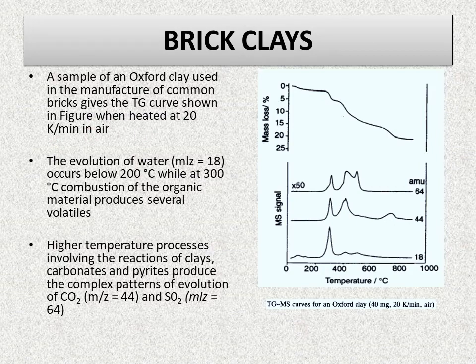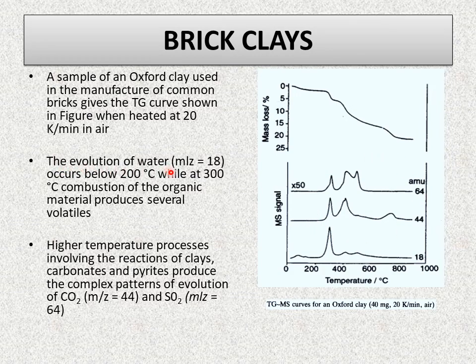So here is the TG curve. We can see that with the increase in temperature the mass decreases due to evolution of different gases. When we perform the analysis of these evolved gases, here are the MS curves for the evolved gases.